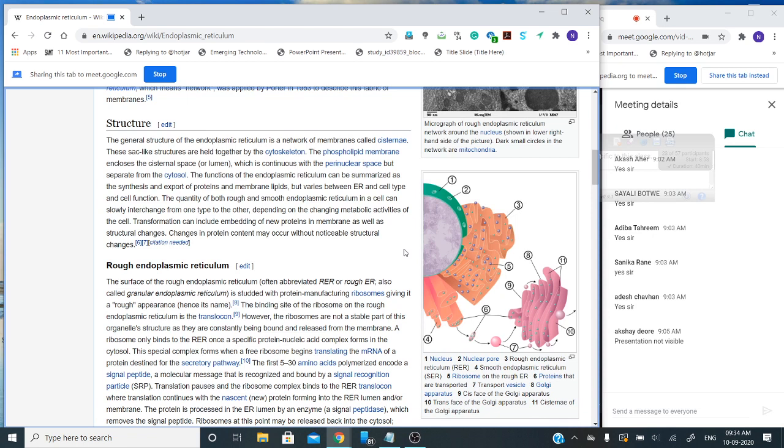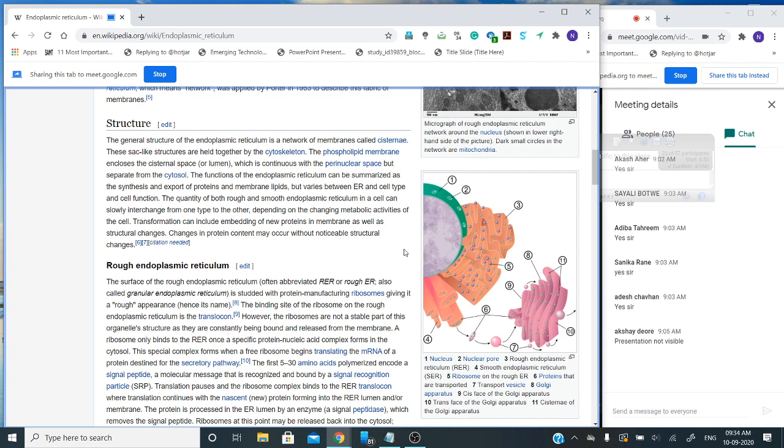Proteins, as I told you, are actually synthesized by ribosomes, and they are just packaged, or what we can say modified, in the endoplasmic reticulum. Next, the quantity of both rough and smooth endoplasmic reticulum in a cell can slowly interchange from one type to the other.